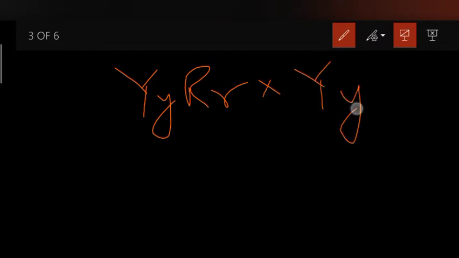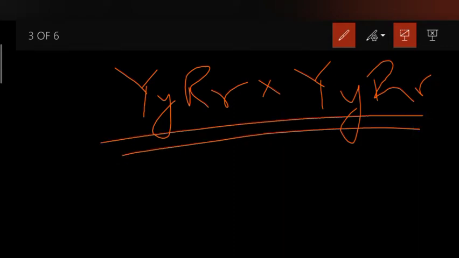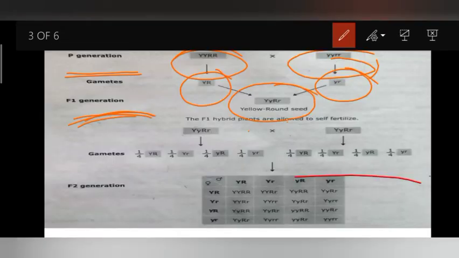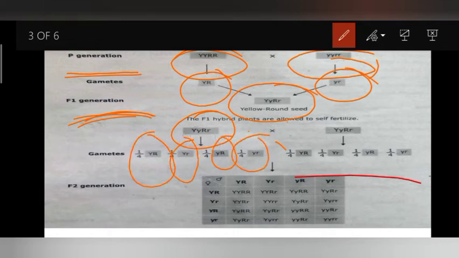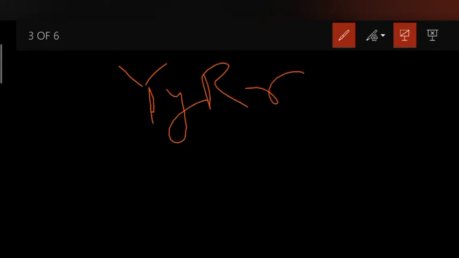That means YyRr crossed with YyRr. This is self-fertilization, and it gives gametes individually: capital Y, small y, capital R, small r.